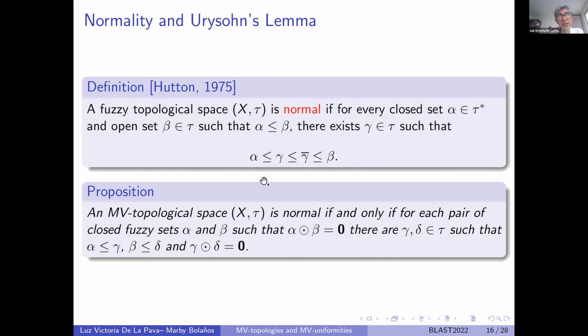We take this definition and have a characterization of normality: an MV topological space is normal if and only if for each pair of closed fuzzy sets alpha and beta that are disjoint, that is, their product is zero, there are two open sets gamma above alpha and delta above beta, such that their product is zero.